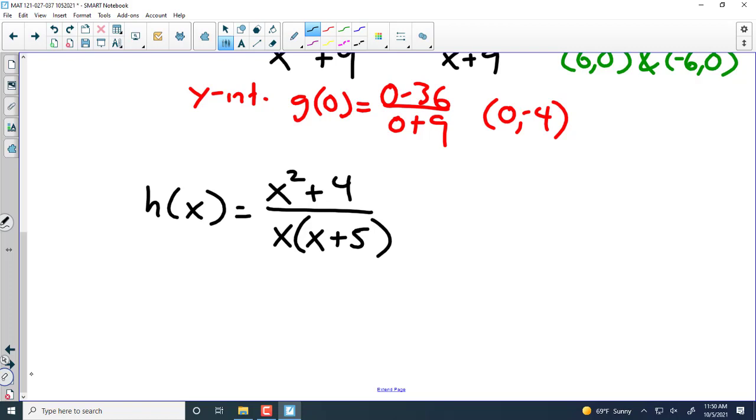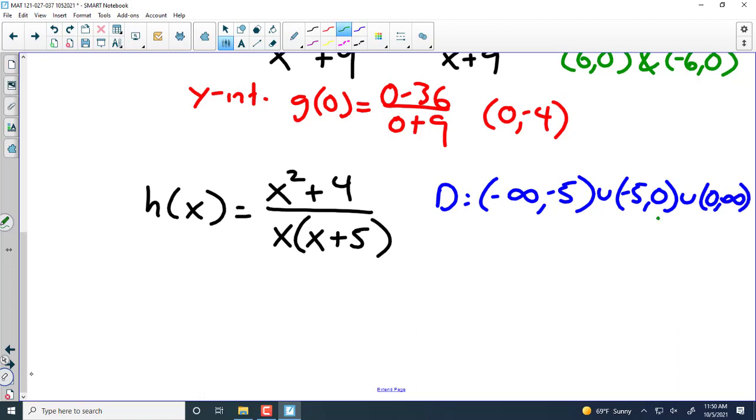What we have right here, everyone, is an example of an interesting rational function, because the domain is every number except negative 5 and 0.